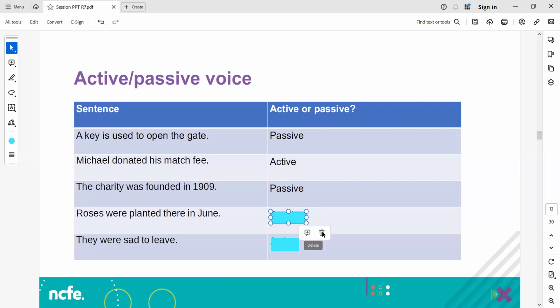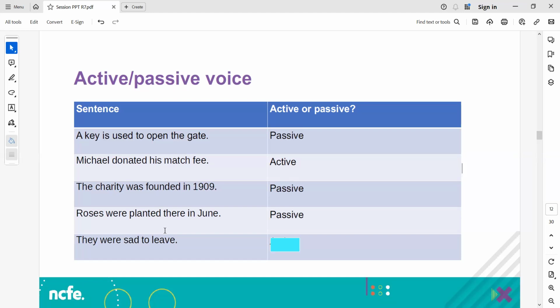So roses were planted there in June. Passive. Yeah, passive. So if it was active, then it could read, he planted the roses there in June.